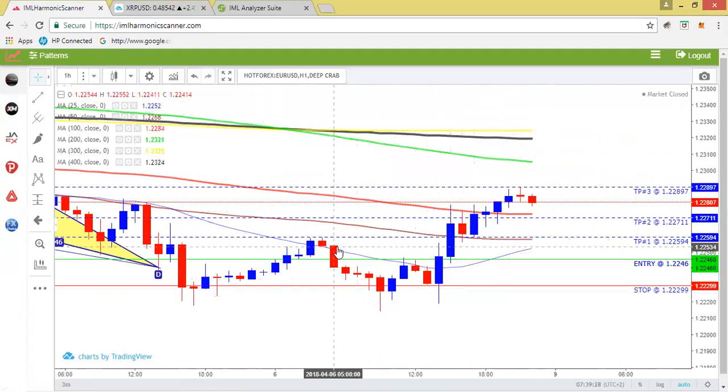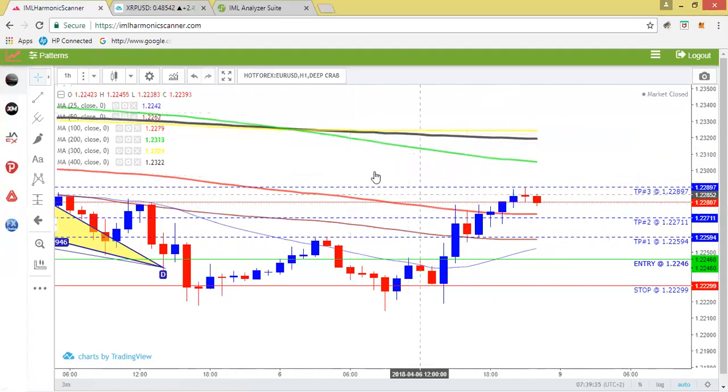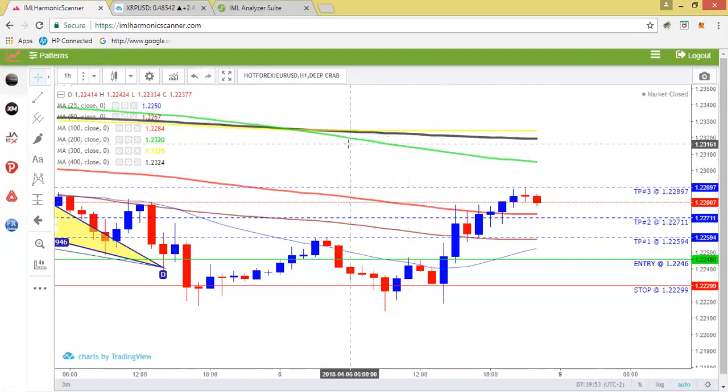Okay, this Euro USD, if you take a look, you will see all the moving averages are not in order. The 300 is above 400, of which we were expecting 400 to be above 300. Why will 300 now be below 400? 200 will be below 300. So we want it to be in order.